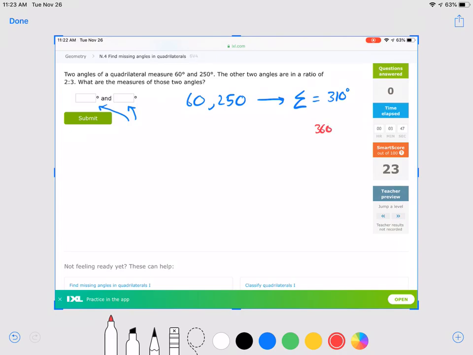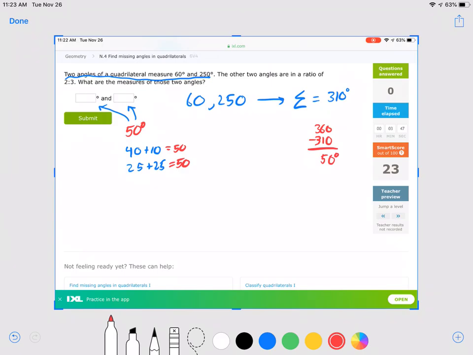So if we do 360 minus 310, that leaves us with 50 degrees left between the last two angles. Now, at the moment, as far as I've read, that's not enough information to determine it, because it could be like 40 plus 10 could be the last two, or it could be 25 plus 25 could be the remaining two. Both of these things add up to 50. So at the moment, we can't tell what it is.